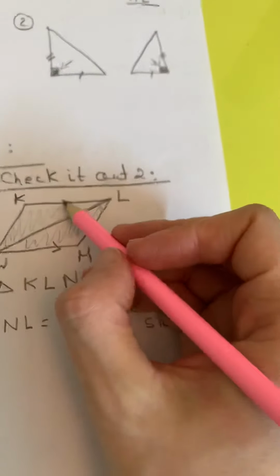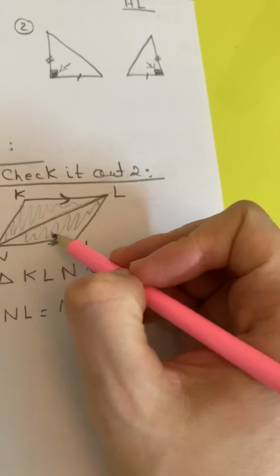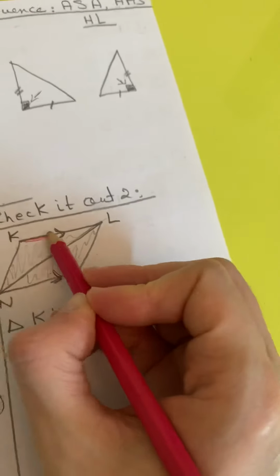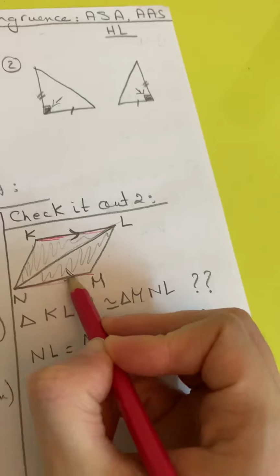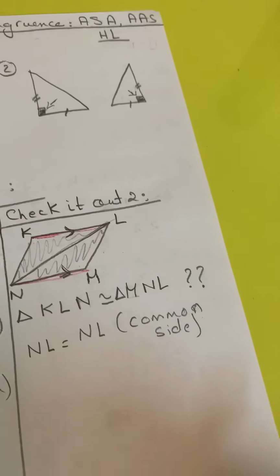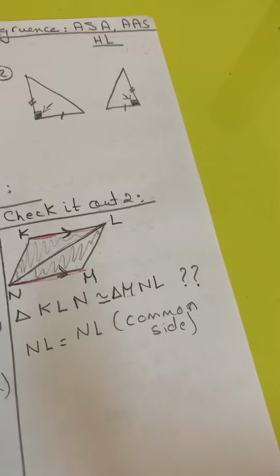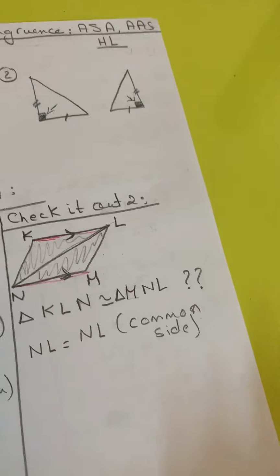Now, if you remember, this sign means that the two lines are parallel. So I have this side, KL, is parallel to this. And since we have parallel lines, it reminds me of alternate interior angles, corresponding angles, alternate exterior angles, and so on.